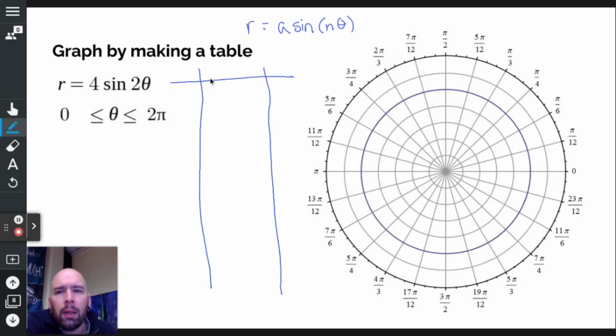So for theta, I'm going to use every single number here all the way up through pi, and if I have space, maybe even the extra one.